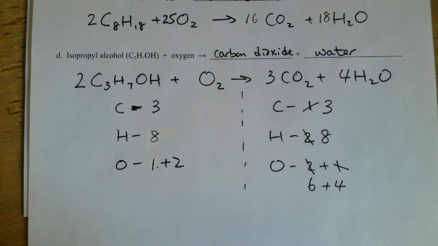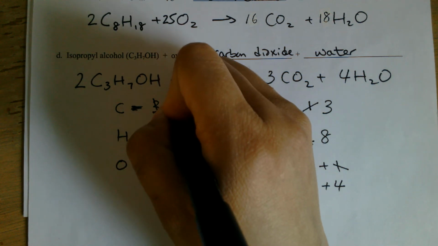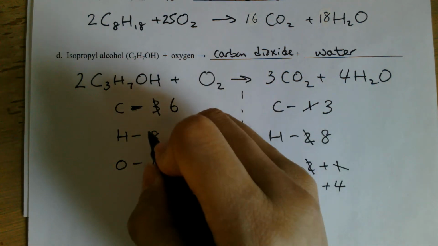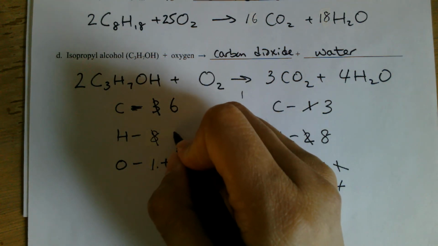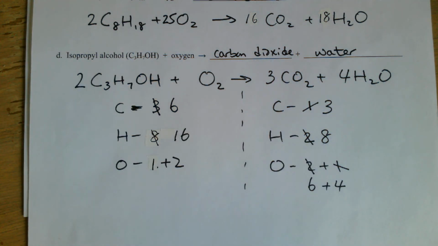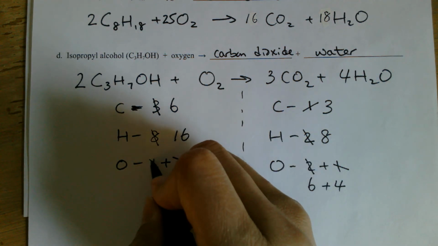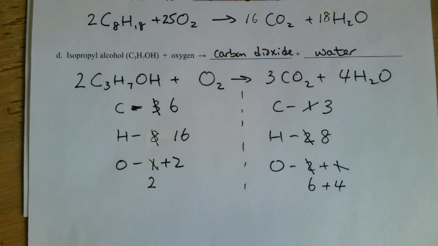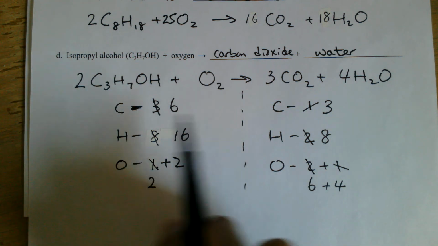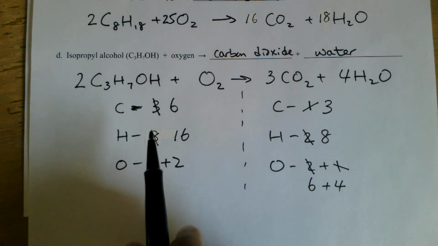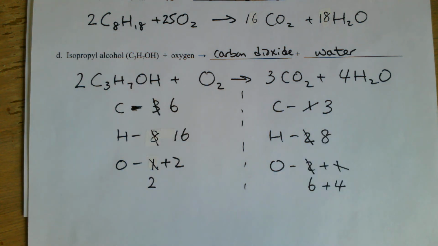So now we need to change our number of carbon, hydrogen, and oxygen. So we have 6 carbons, we have 16 hydrogens, and we have 2 plus 2 oxygen. Since we changed the number of carbons on the left side, we need to change our number of carbon on the right side.